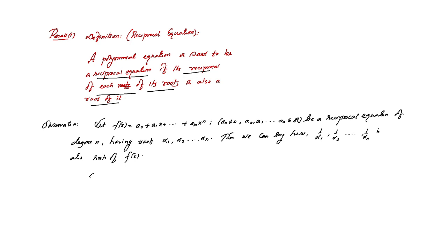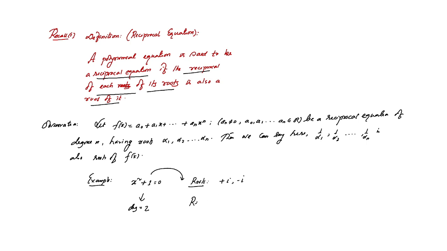As an example, say x square plus 1 equals 0. You know the equation is of degree 2, so the roots are basically plus i and minus i.